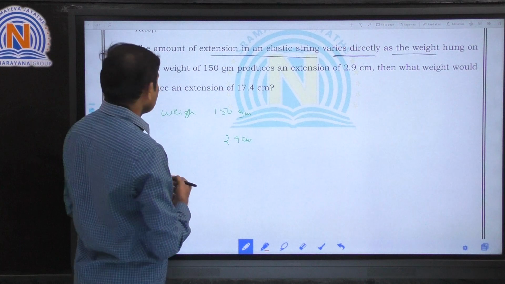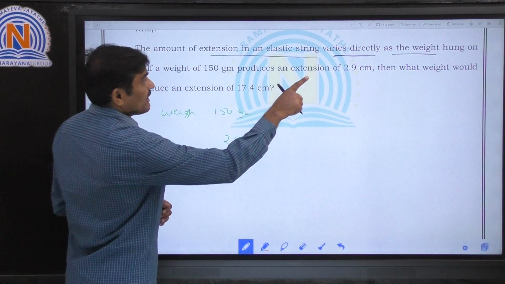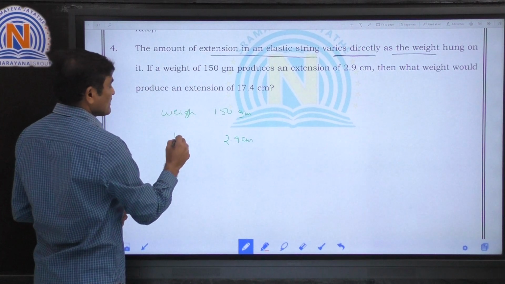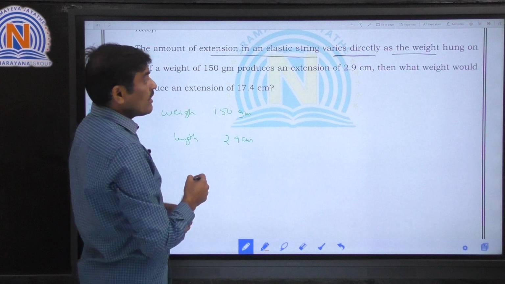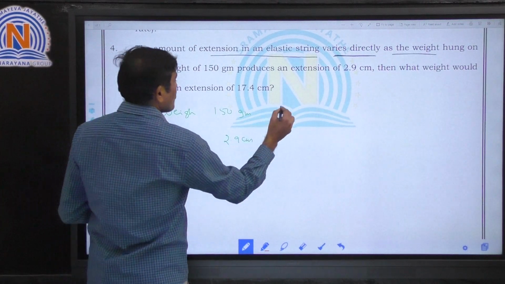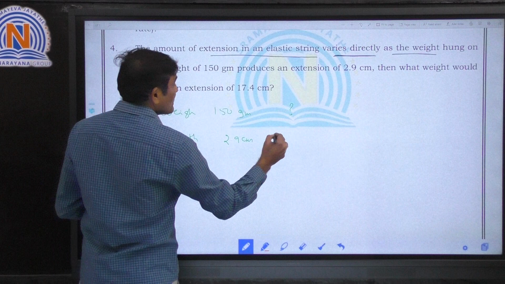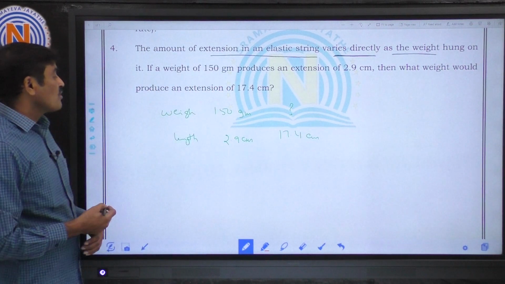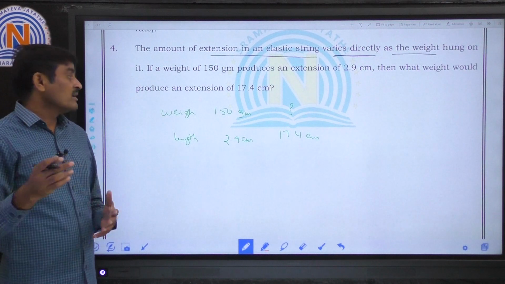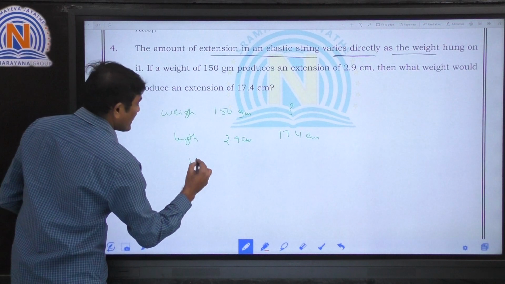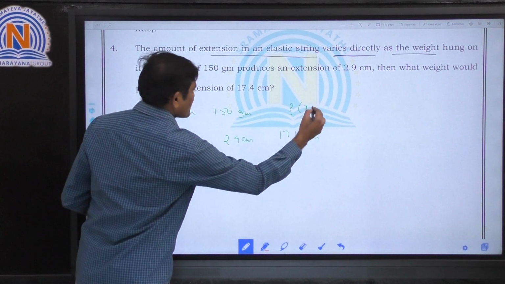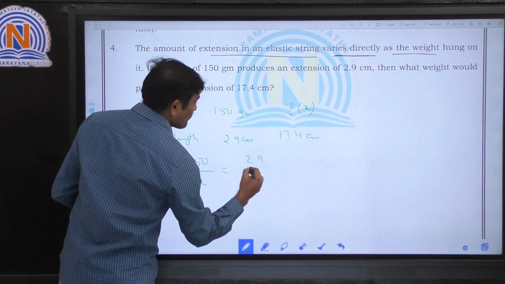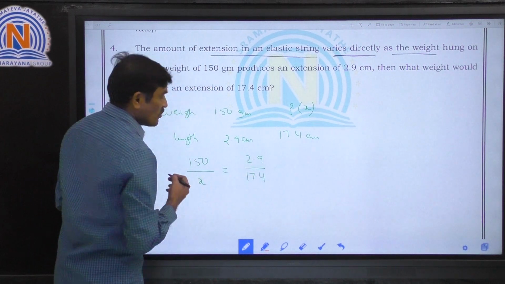This is the weight, and the extension means the length. Now what would be the weight that produces an extension of 17.4 centimeters? So weight and length are in direct variation, so we can write 150 by x is equal to 2.9 by 17.4.